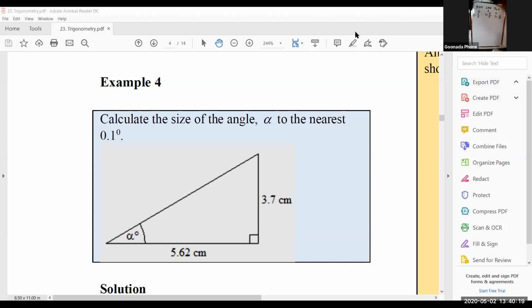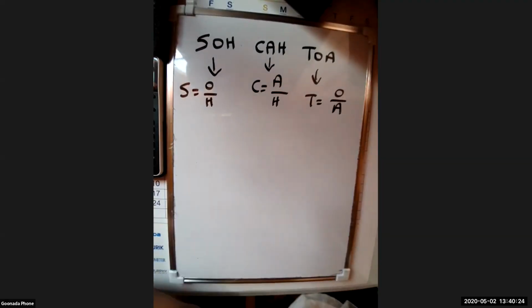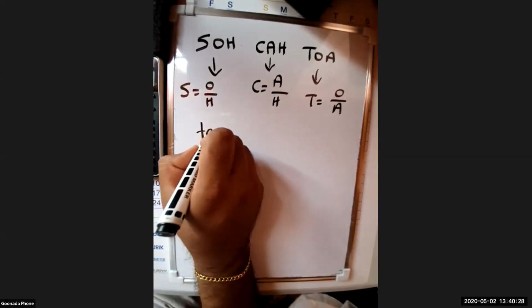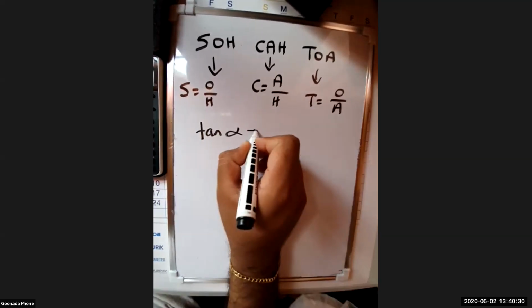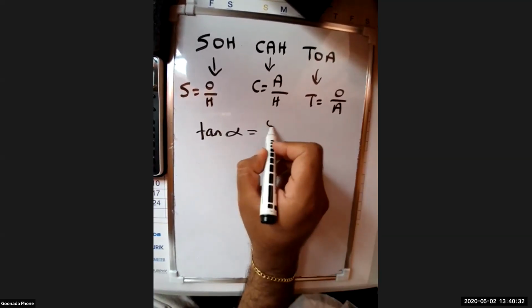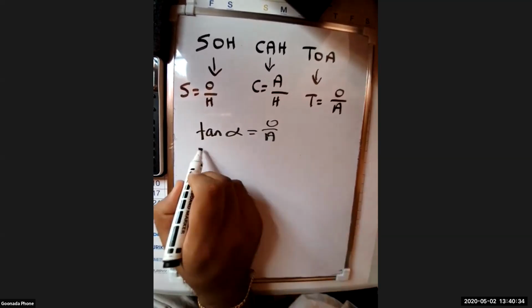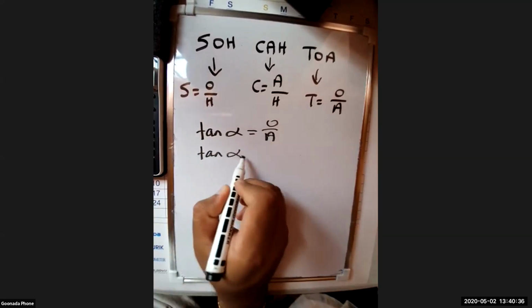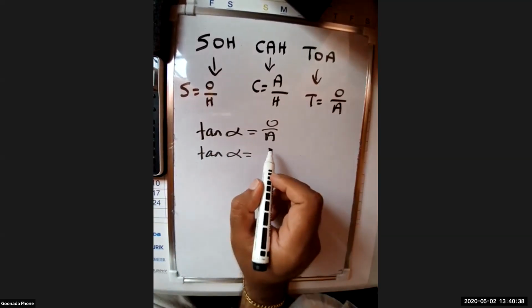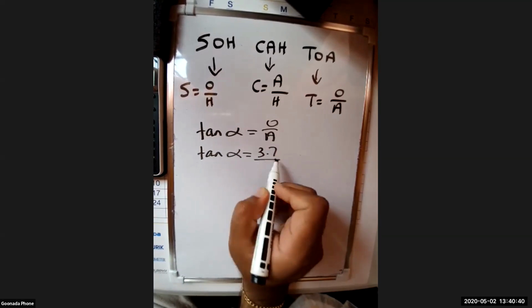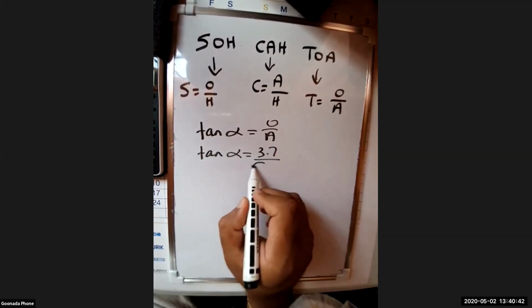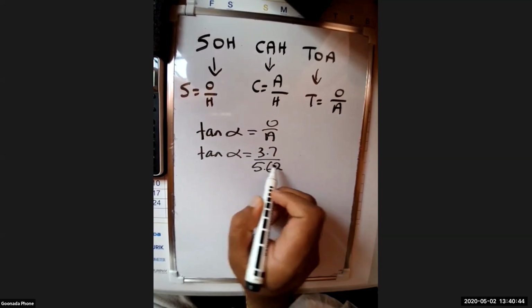Correct, Johnson. So let's see how we work this out. So tan alpha is equal to the opposite over the adjacent. So tan alpha is equal to 3.7 over 5.62.